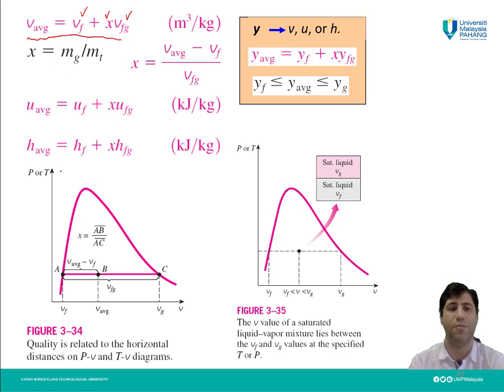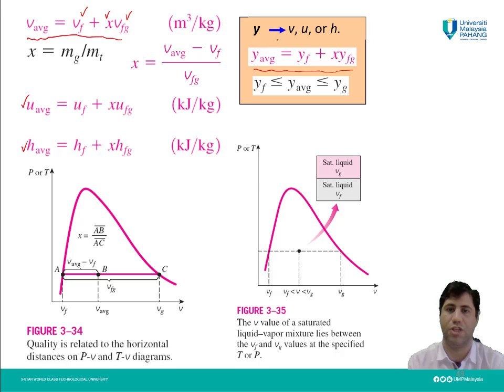And for other properties, we can have the same equation. This is for V; for U and for H we can have that also. And you simply need to memorize this.